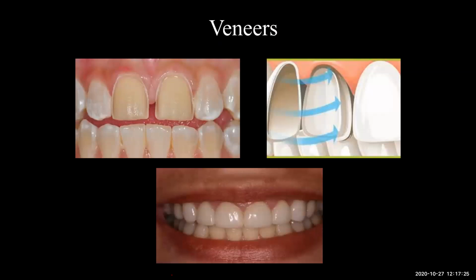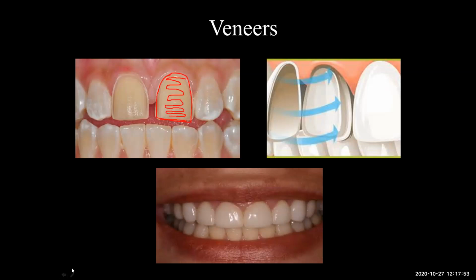You have veneers, and veneers are like false fingernails, as I tell patients. What they do is they take just about 1 millimeter of the enamel off. They shave the facial and the incisal portion of the tooth. They take impressions, and then an enamel veneer or porcelain veneer is placed and bonded to that tooth surface.